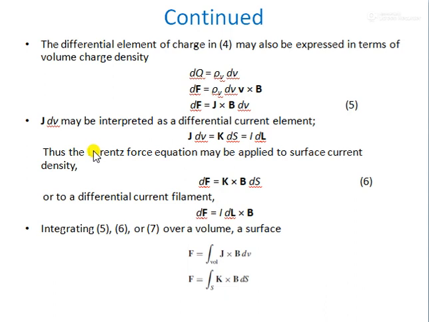Thus the Lorentz force equation may be applied to surface current density. So dF is equal to K cross B dS, or for the differential current element, dF is equal to I dL cross B. So these three equations you will get: one in case of volume charge density, that is equation 5, another for surface charge, another for line charge.